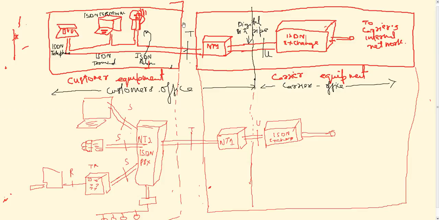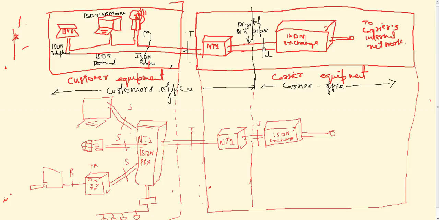Now T is common to both sides. The T is the interface between NT1 and NT2. If you have an NT1 device and an NT2 device, network terminal 1 and network terminal 2, you need an interface between the two, and that is T. Then there's going to be U. Now you can understand what U is. It's between the NT1 device and the ISDN exchange.